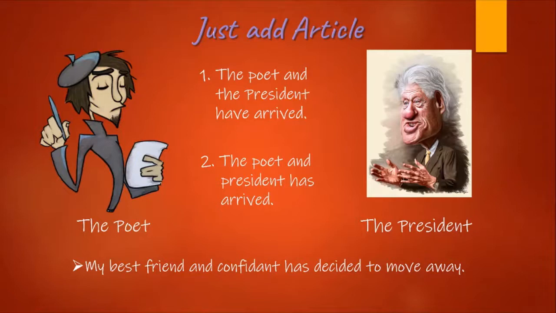If you use multiple determiners, that can mean different people. If you use a determiner only once, it will mean one single person. My best friend and confidant, they are actually not they. It is one he or she. He has decided or she has decided to move away. One single person.